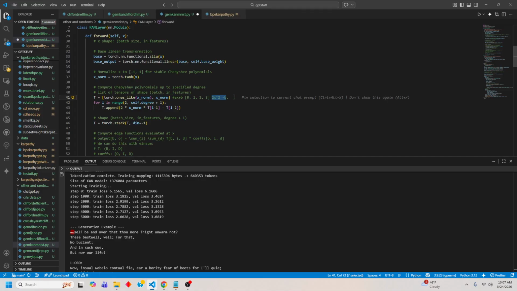So that next one would be 2 times x times t i minus 1, which is all of this, 2x squared minus b, and that'll be minus t i minus 2, which would be the first one, which is x. And you continue as many degrees as you have.